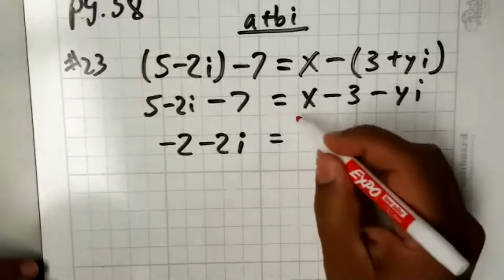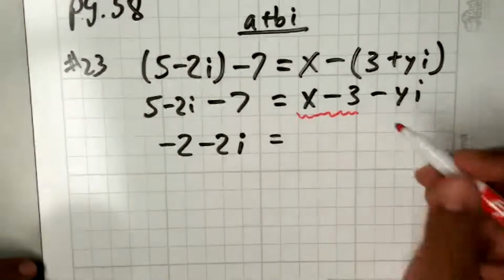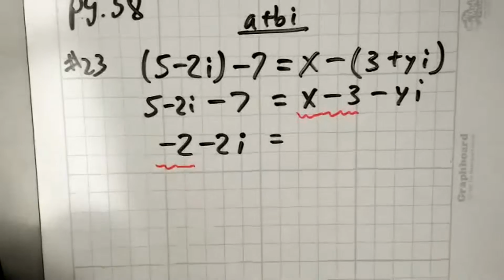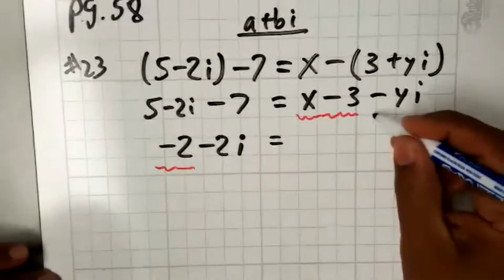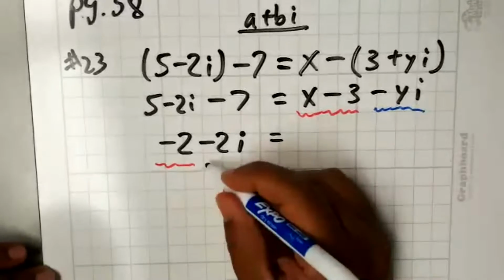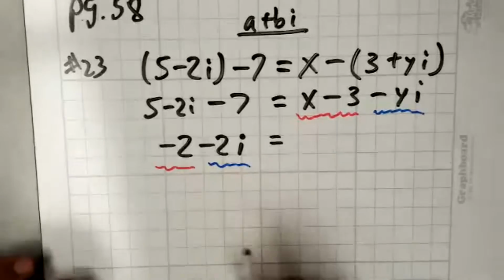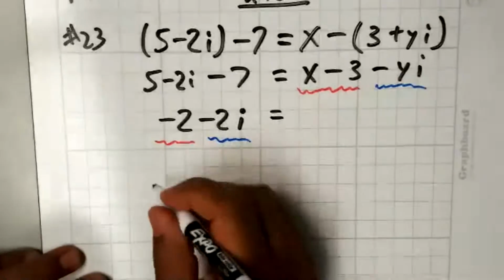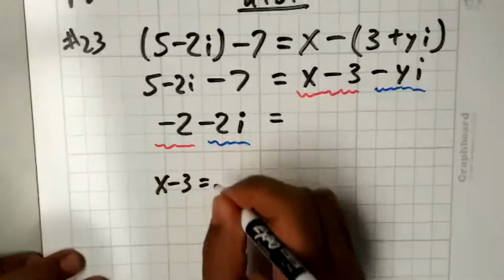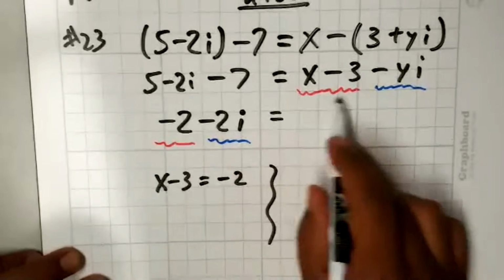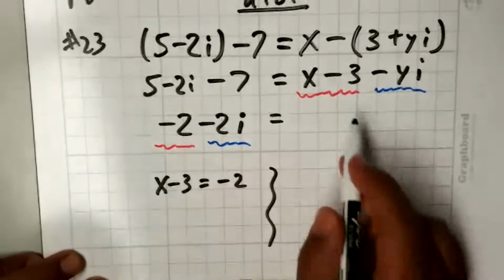So what we would do is see the real part equal to the real part and the imaginary part equal to the imaginary part. So then you're going to have x minus 3 is equal to -2, right? This piece has to be -2.